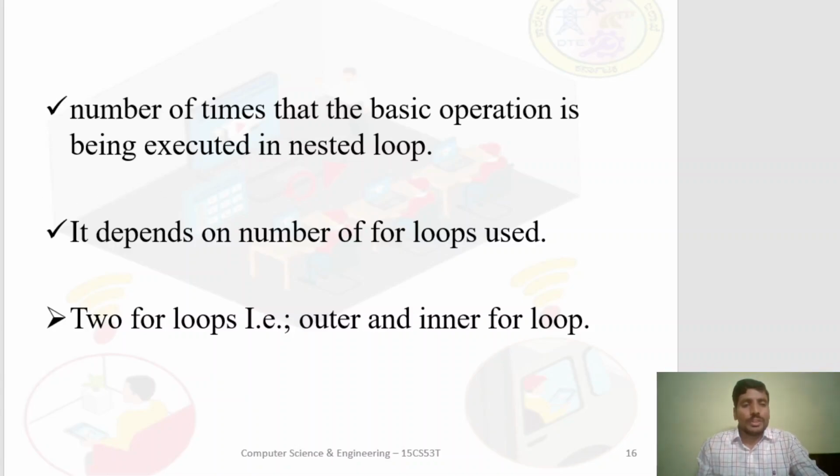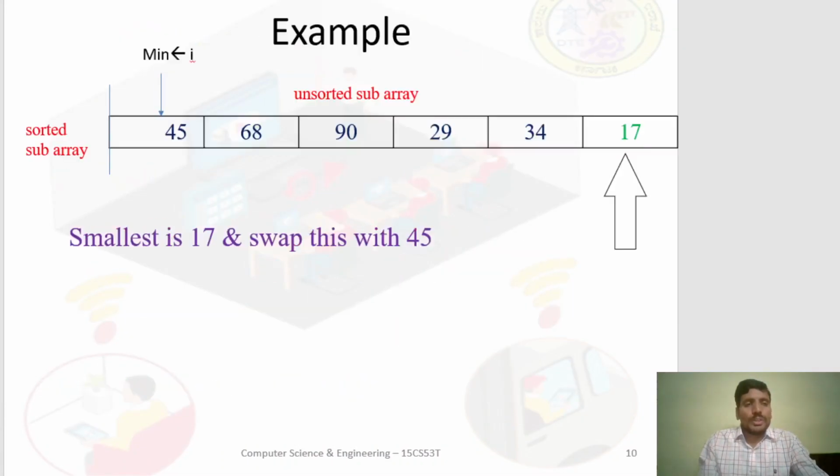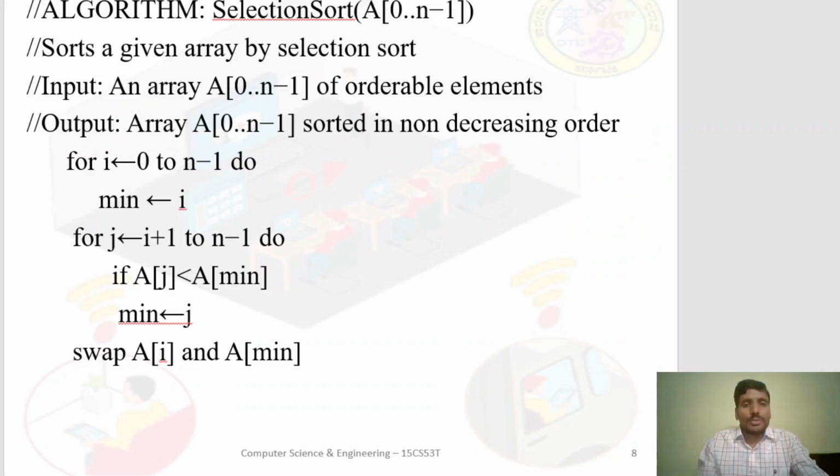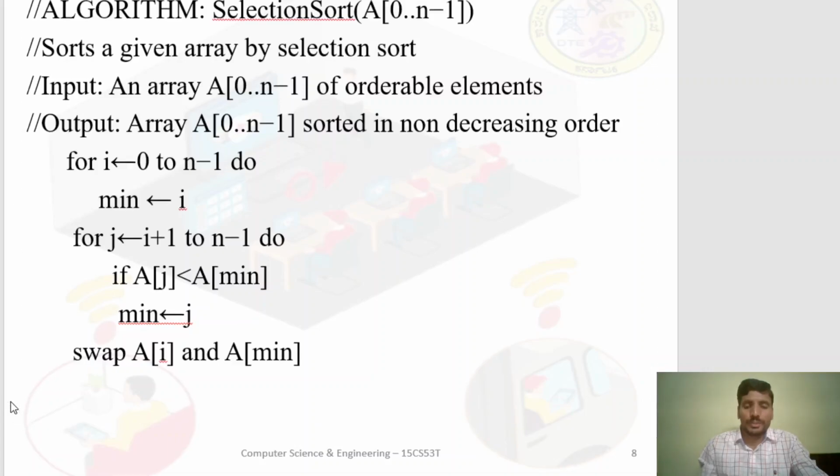So in the logic, you can see what control structure determines how many times the basic operation is executed. So here the control structures are the outer for loop and the inner for loop, which we can say is a nested for loop, right?